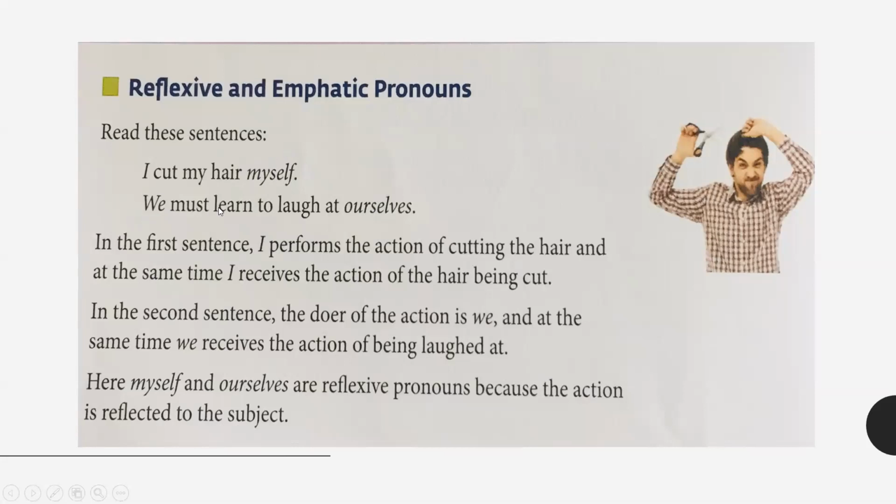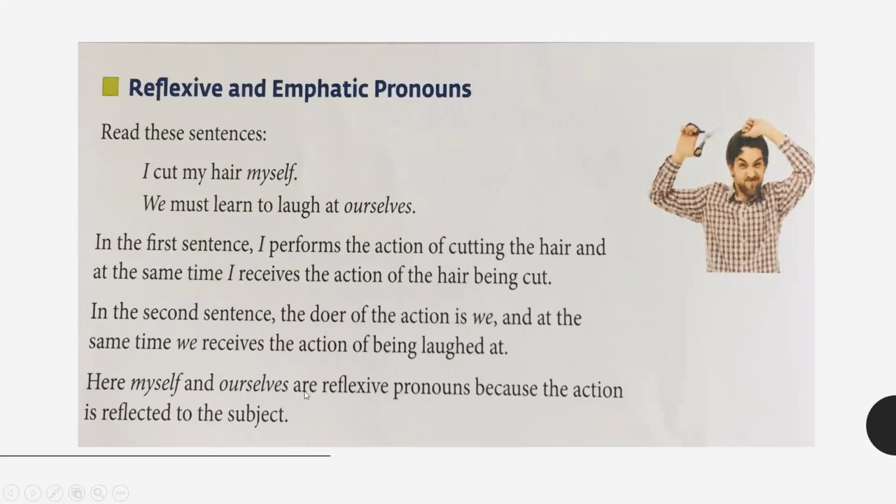Next, we must learn to laugh at ourselves. See the second one. In the second sentence, the doer of the action is we, and at the same time, we receive the action of being laughed at. We must learn to laugh at ourselves means we are receiving the action of laughing back on our own selves. That's why we have used selves, S-E-L-V-E-S.